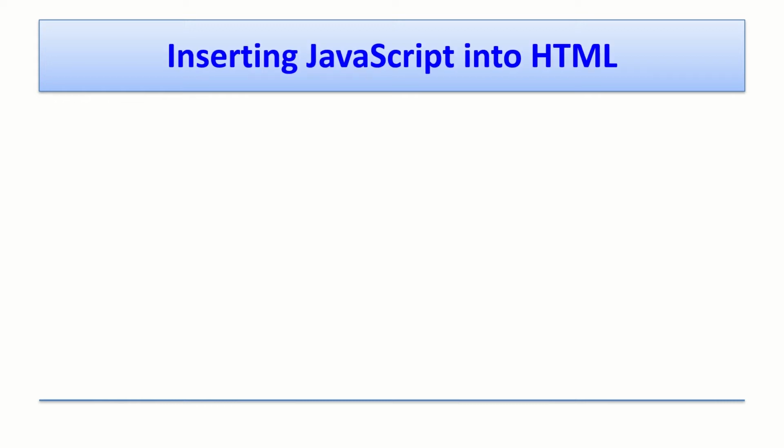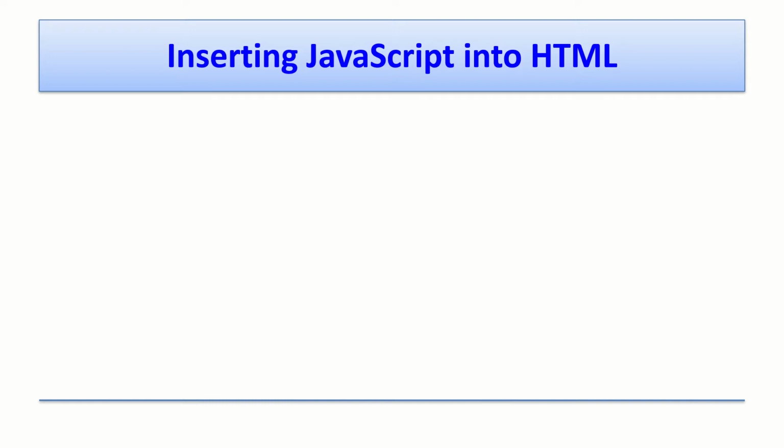We have studied CSS, and at the beginning we studied how to use CSS in our web page. We can use CSS in our header section, and we can use CSS in our HTML tag, which we call inline CSS.